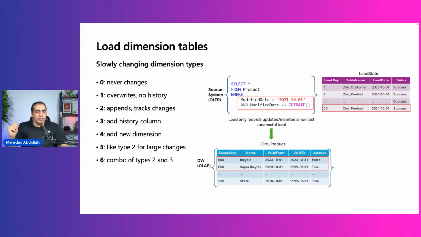Type 0 is going to never change, and these are static values in your system, like the day of the date table, or the list of countries, for example.